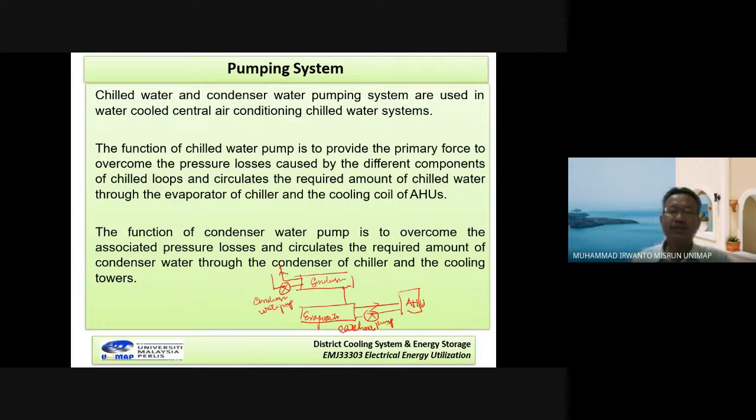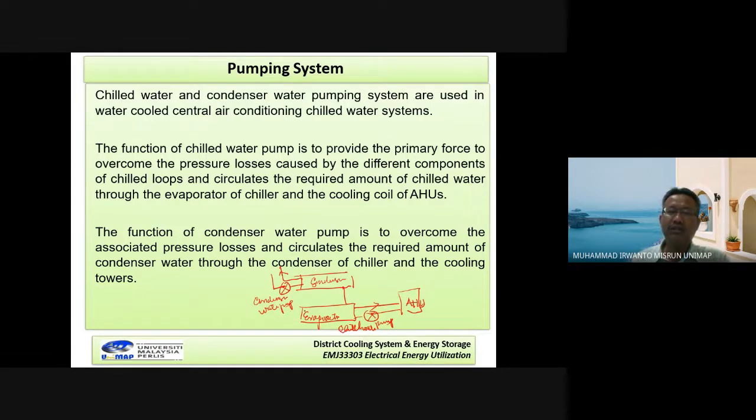Now, in here we want to look at the water pumps. In here we have two types of water pump. The first is the chill water pump. The second is the condenser water pump.